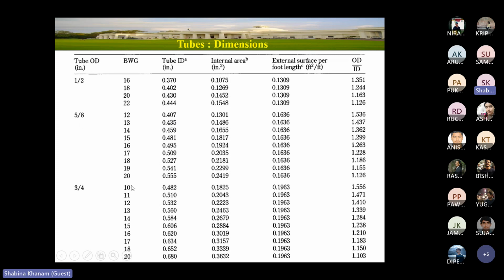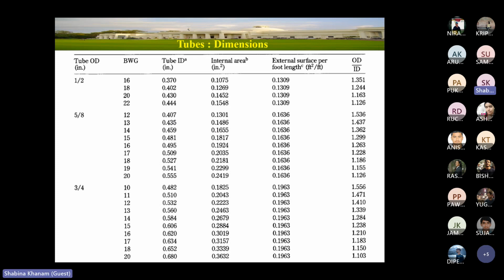Now if you consider 5/8, that will be around 15 mm or so, which is a little bit lesser than 16 mm, the starting value.